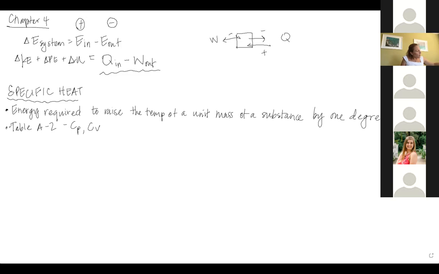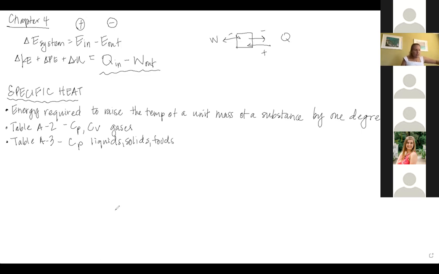If you look at table A3 in the back of your book, this has our specific heat values for liquids, solids, and foods. Table A2 is for gases. Sorry, I should have mentioned that.